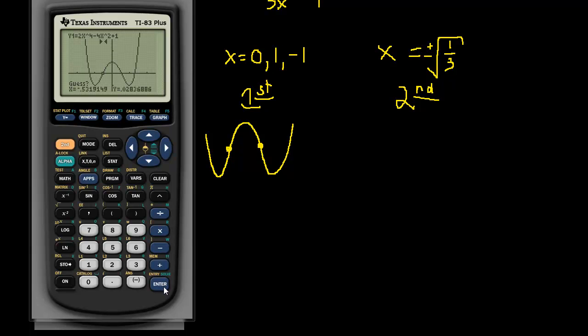And let's do a guess right about there. And see, we get an approximate value, negative 0.5411961. But if we do negative radical 1 divided by 3, we get the same thing, but this is our exact answer.